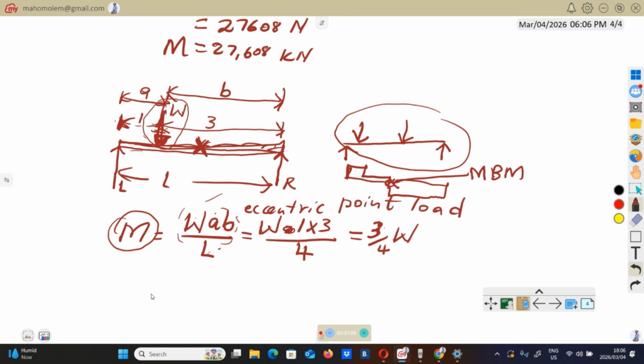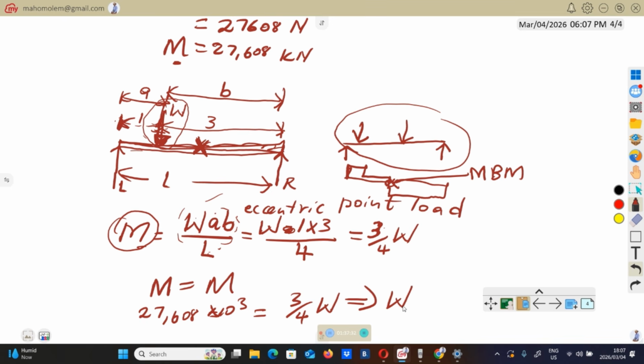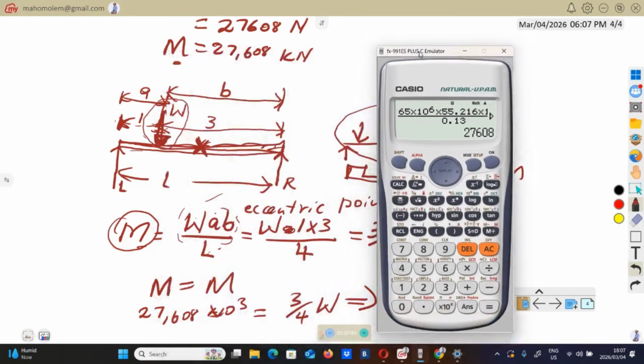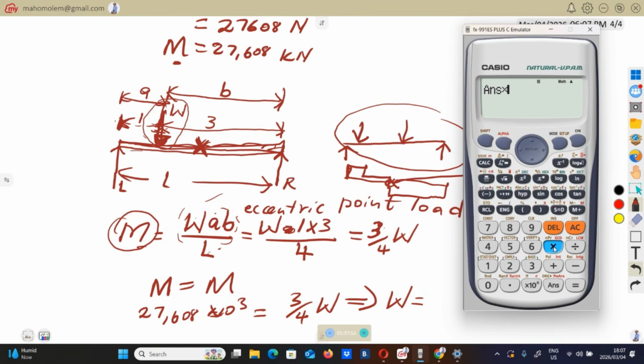So to calculate W, you will say this M equals this M. So 27.608 times 10 to the power 3 equals 3 over 4 W. Then from there you solve W. W would be equal to this, make W the subject of the formula, it will be this multiplied by 4 divided by 3.